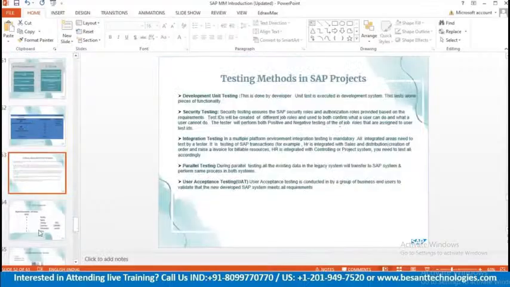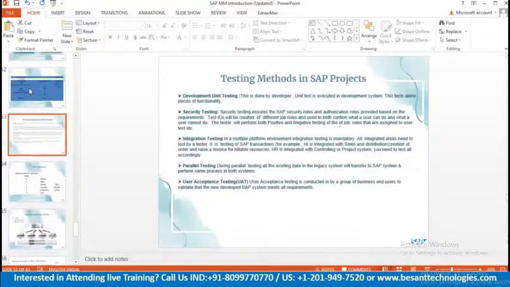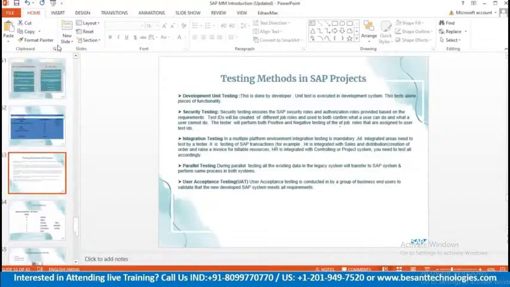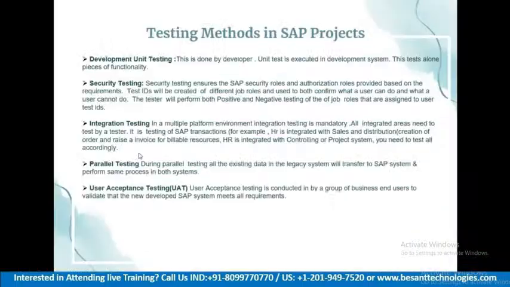So coming to testing, we have five types of testing. Mostly we'll be doing the development or unit testing. First is the development unit testing. This will be done by the developer or the technical consultants. Security testing will be done by the SAP security or basis consultants.